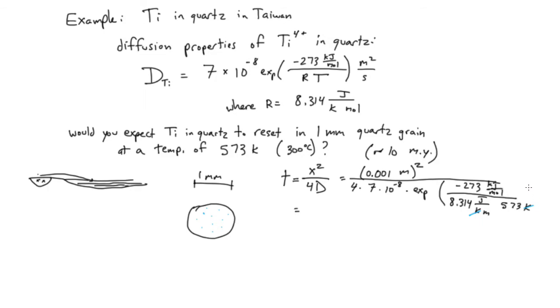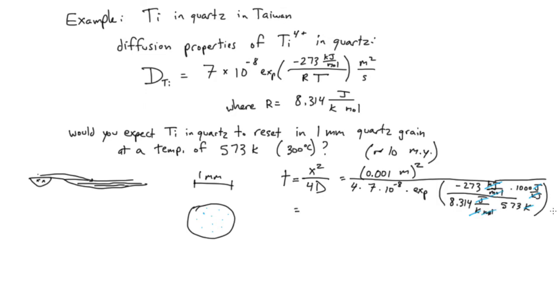So let's put 1,000 joules per kilojoule here, and then we can cancel all those units. The moles cancel, right?